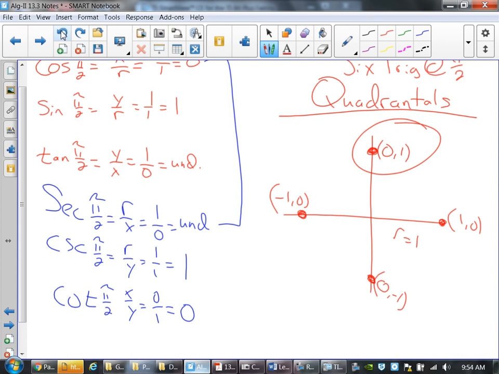So sine, cosine, and tangent curves are all going to be based off of quadrantal ordered pairs. This is still a few weeks away, but I just want to show you the importance of understanding why we look at quadrantals. Why are quadrantals important for us to be able to utilize later on? You're going to live and die by these things.